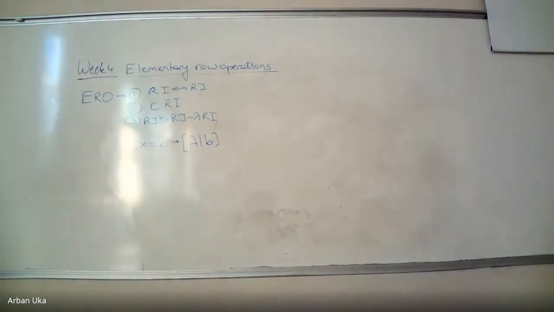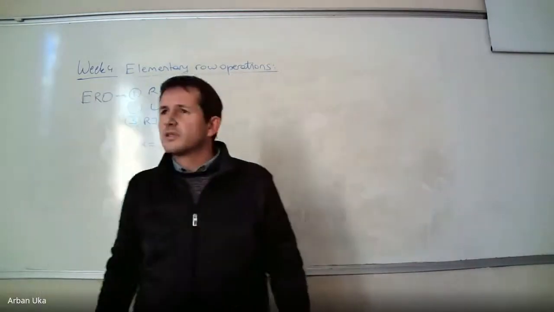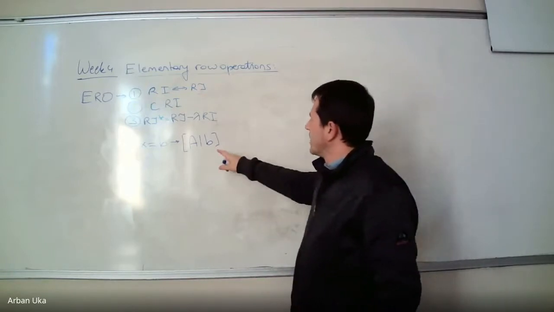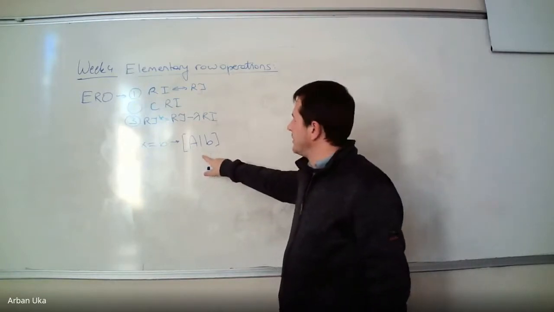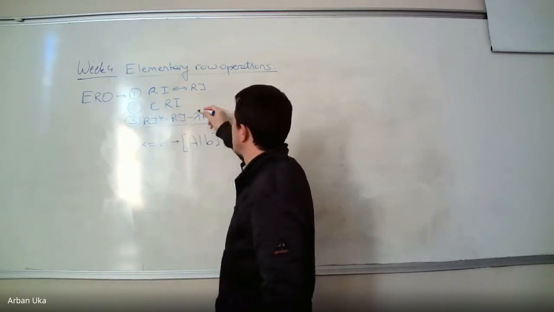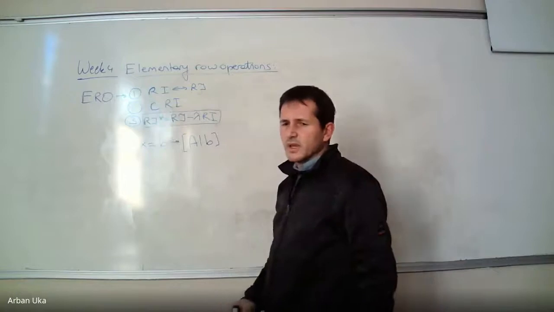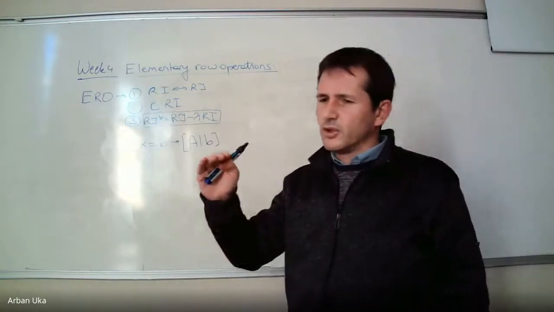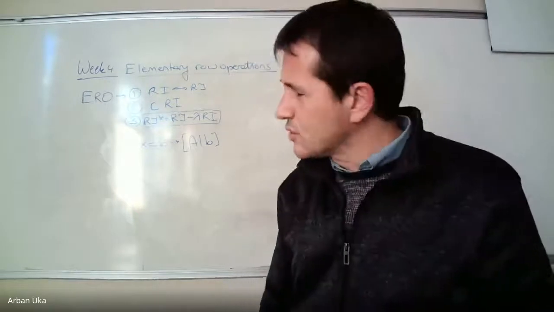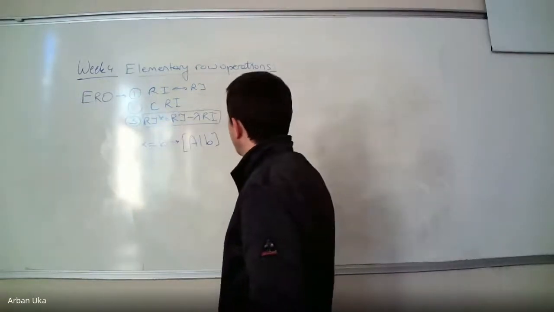The simplification is the effort to produce as many zeros as possible. And when we do this, I guess you all remember that we used this expression extensively, which meant that we were trying to affect row 2 and row 3 by using row 1 as a pivot, and so on.